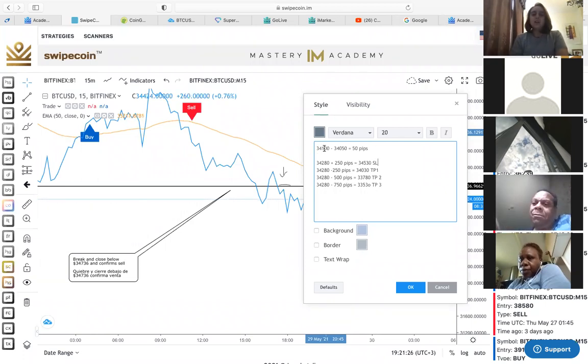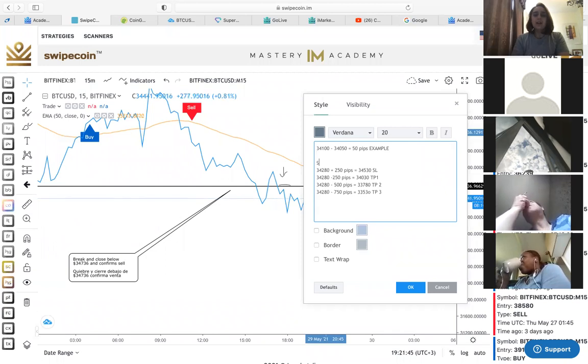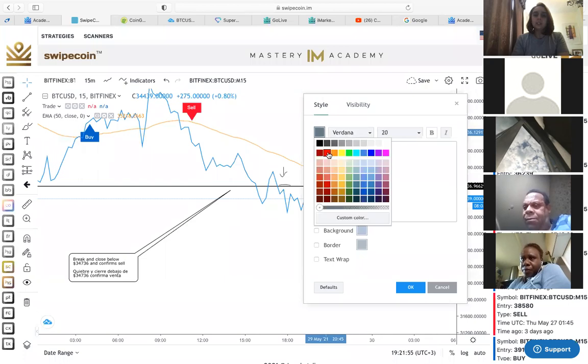Okay. So let's delete this one because this is just, actually, no, we'll leave that because it's a nice example for people that don't understand that it's just counted in the whole number, right? So this just shows you an example. So let's put example. Now this is going to be our sell example.